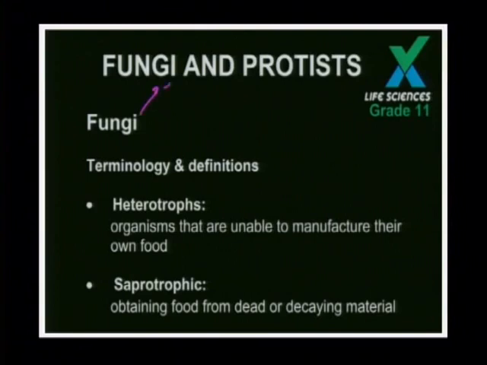All fungi have eukaryotic nuclei, so they have properly developed nuclear membranes around their nucleus. They are like plants in that they all have cell walls, but no fungi will ever have chlorophyll.